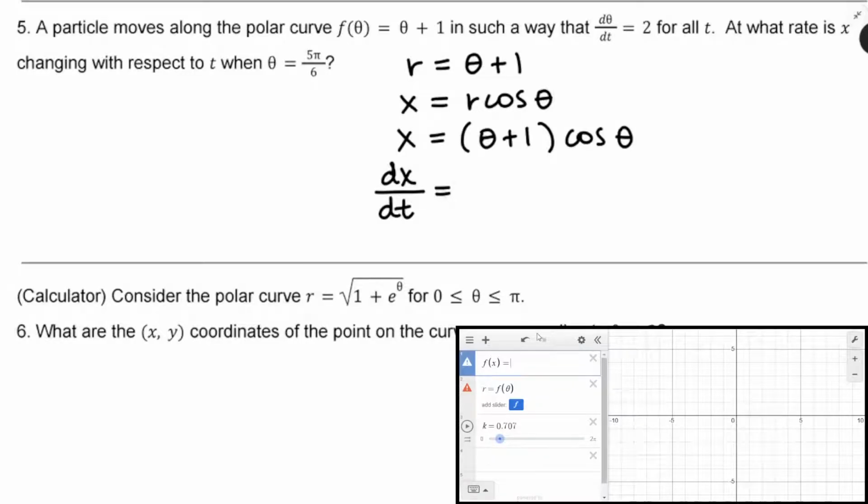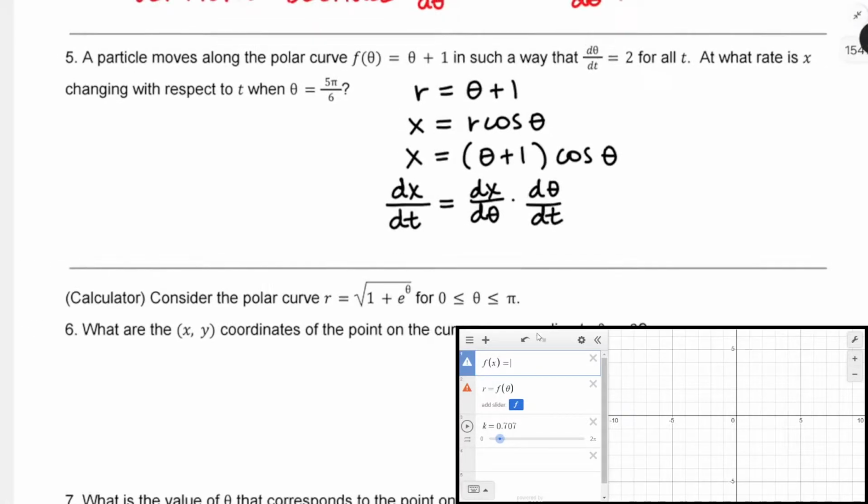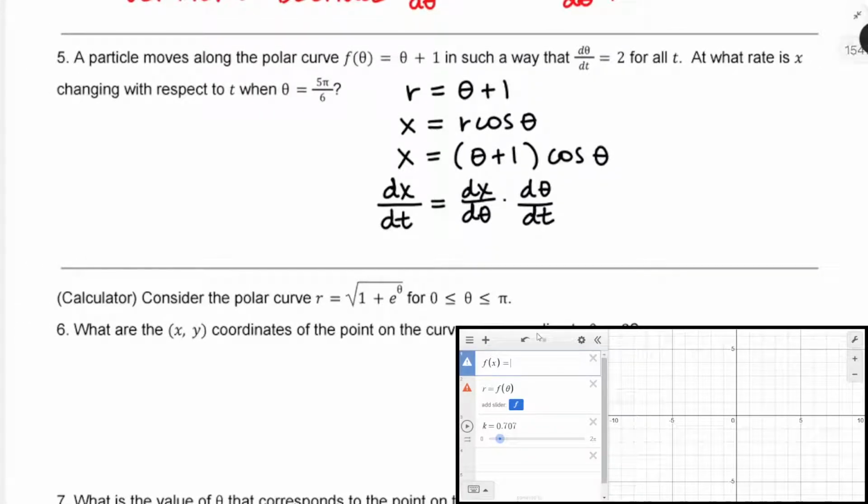Okay, I mean, you could take the derivative of this implicitly, trying to remember that each time you took the derivative of something with respect to theta, you needed d theta dt. dx dt equals dx d theta multiplied by d theta dt. I can just take the derivative of x and then multiply by d theta dt at the end, which is what I'm going to do.